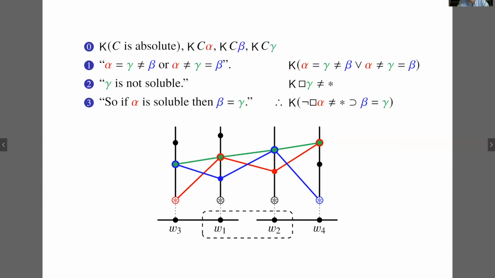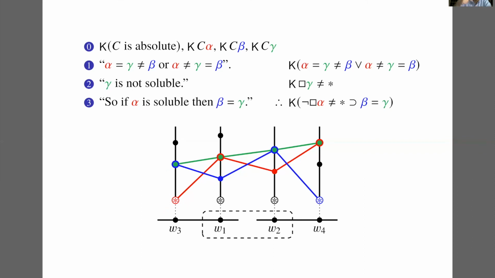One answer, it's not the answer, but one answer is that, look, let's assume that the cognizer knows that crystal is an absolute notion, and that alpha, beta, gamma are crystals in the absolute sense.